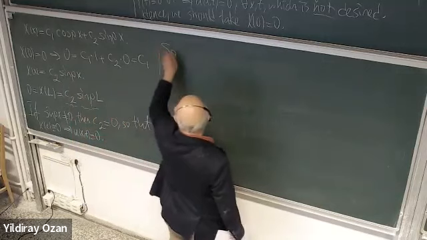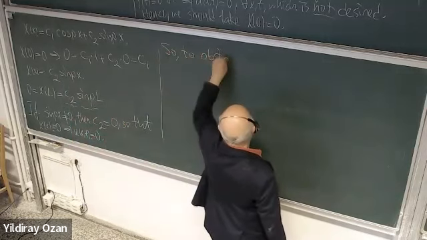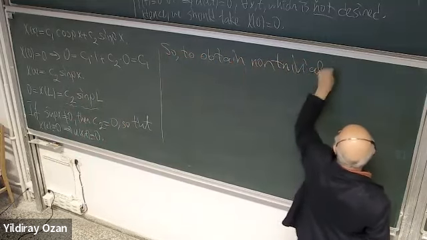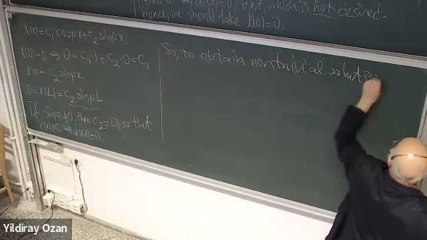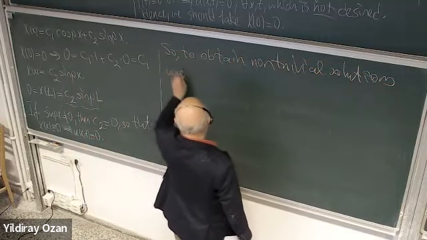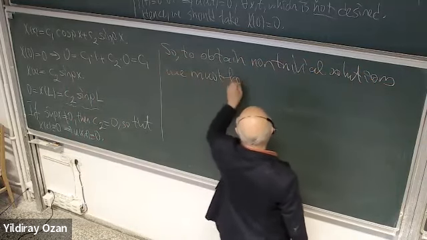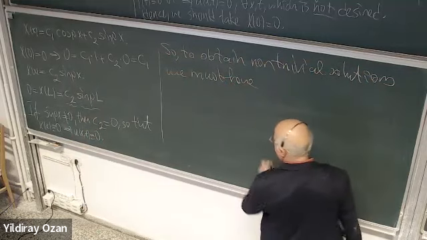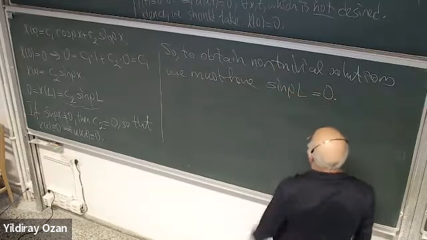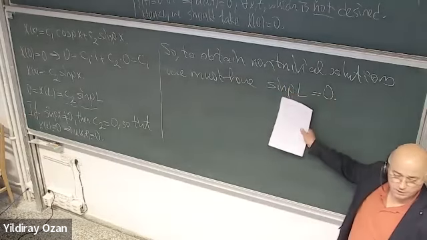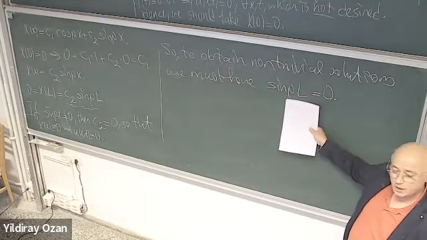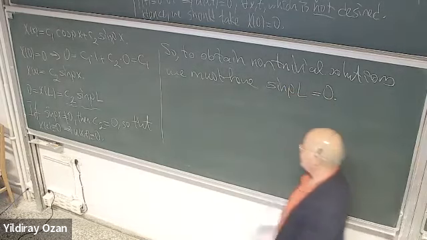So to obtain non-trivial solutions, we must have this: sine mu L is equal to 0. Well, this is possible only if this number is an integer multiple of pi, right?